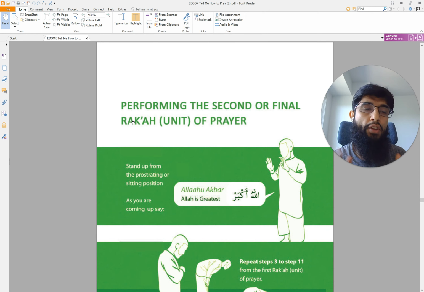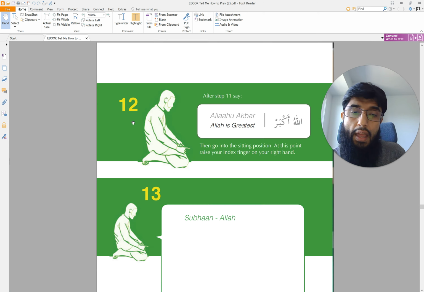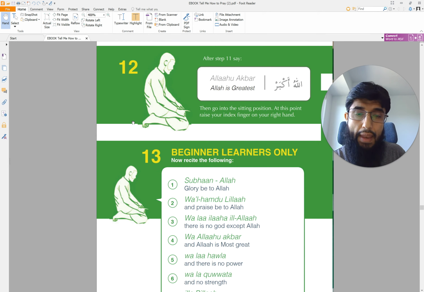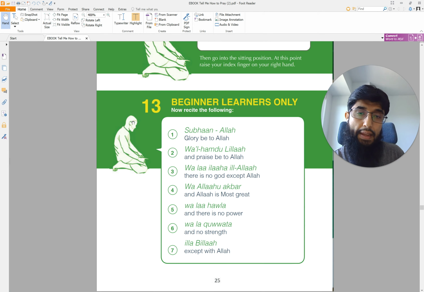But again, you can call it a unit, you can call it a Raka. If you understand the workout mentality, you can call it a rep. So this is a rep. Each prayer is built of a number of reps that we will take a look at now. Okay, so as we go, and this is stuff that we will learn later, when you're sitting in that position as it covers, then you would say this thing until you learn this.